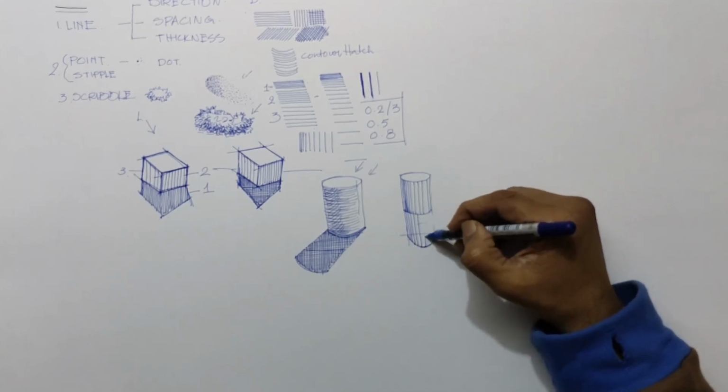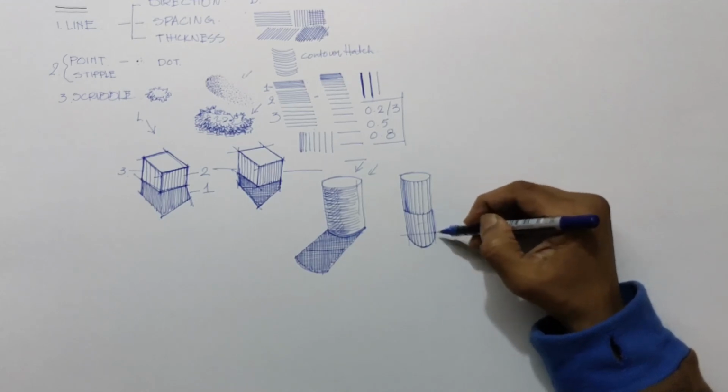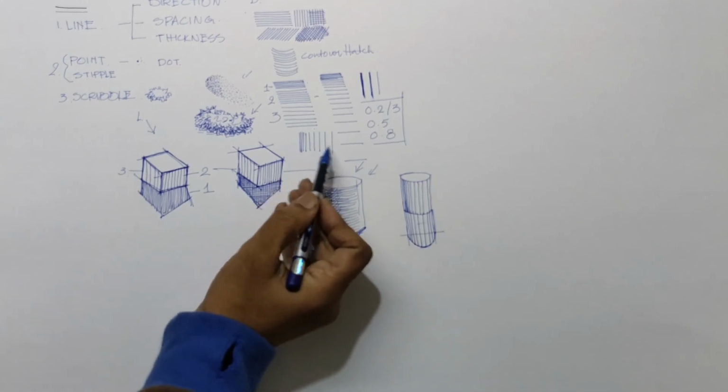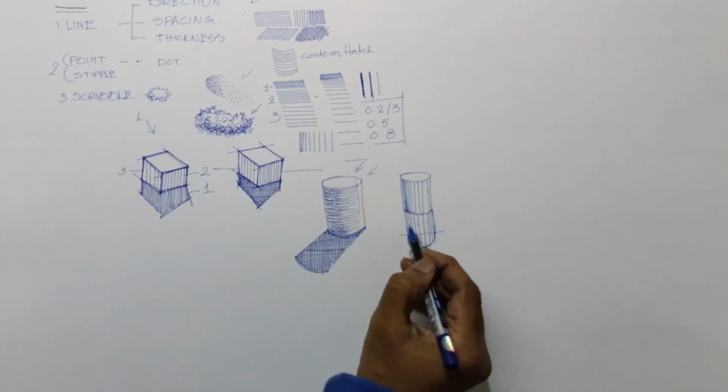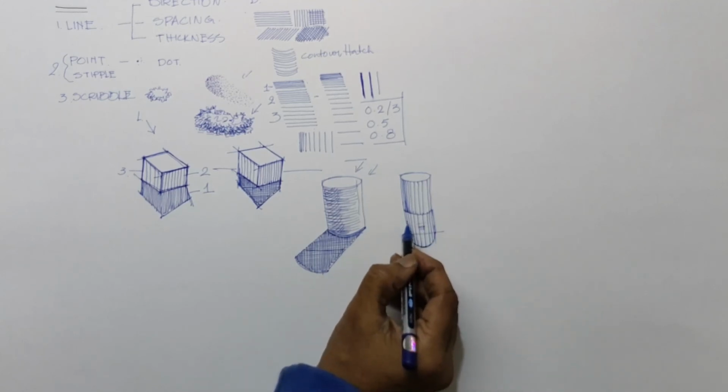The spacing is increasing when it comes to the center, and when we are going to the side, automatically the spacing is reducing gradually, like this. If you notice, see the spacing here and see here, it is more, and here it is very less spacing.